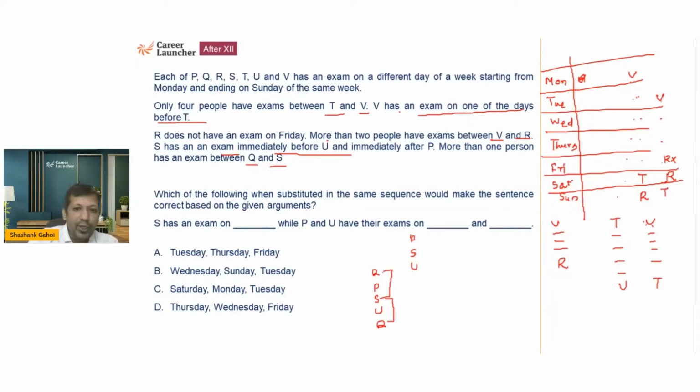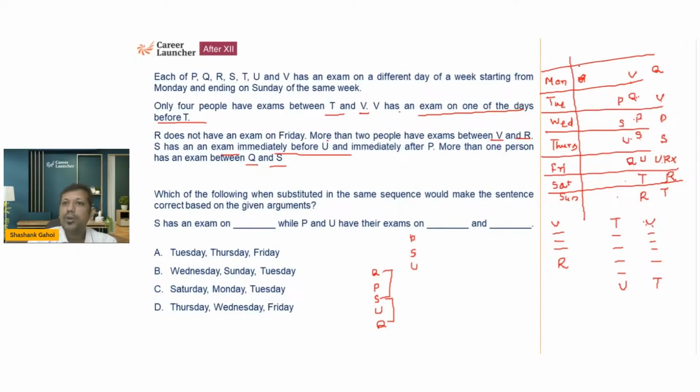So what arrangement am I going to give? That is going to be P, S, U, and I'm going to say it is Q. Now, more than one person is going to have exam between Q and S. But if I say Q, P, S, U, now this doesn't work. P, S, U, and Q, that also doesn't work.